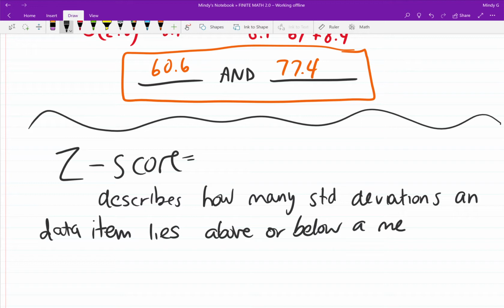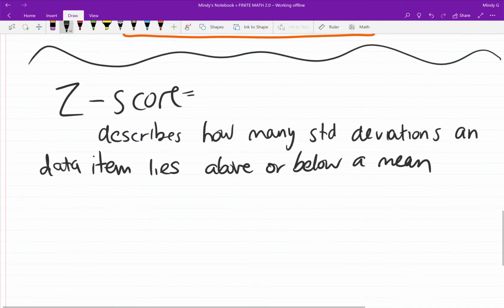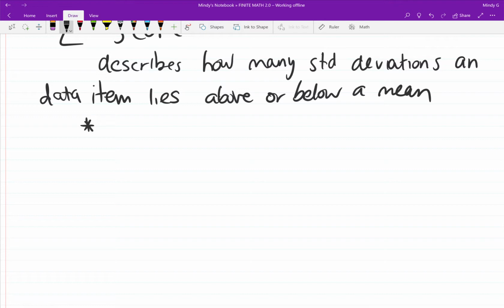Let's see, that's a z-score. So the first thing is the z-score for the mean is 0.